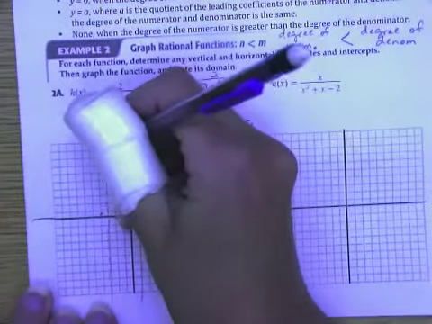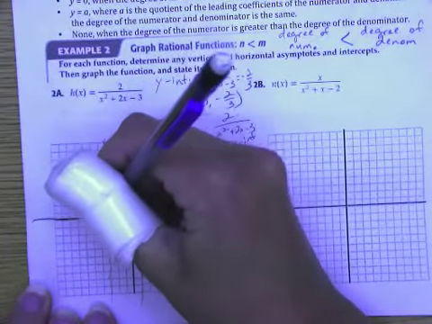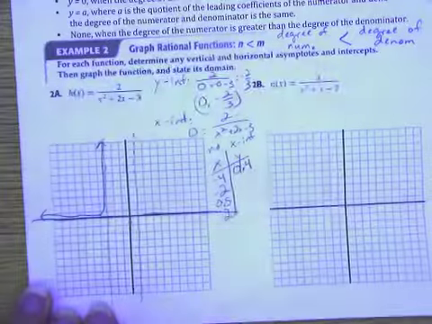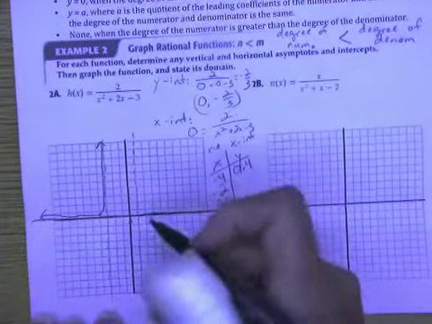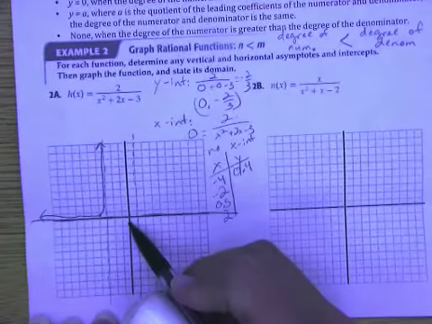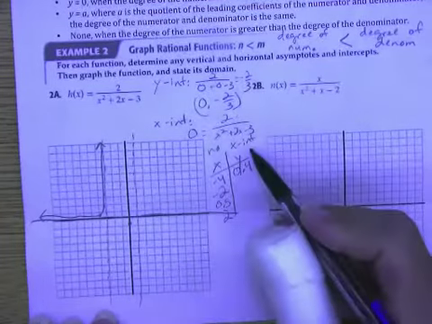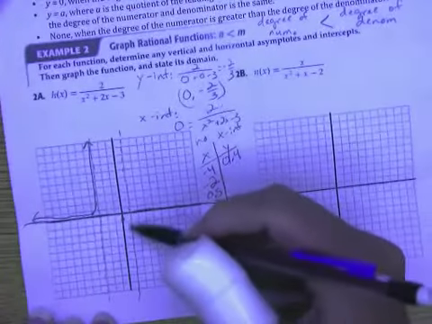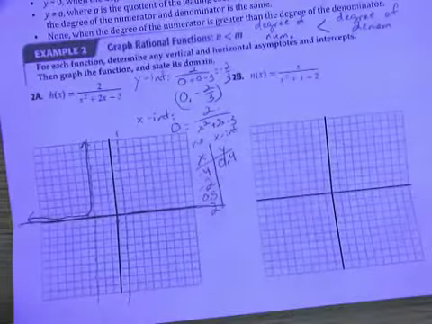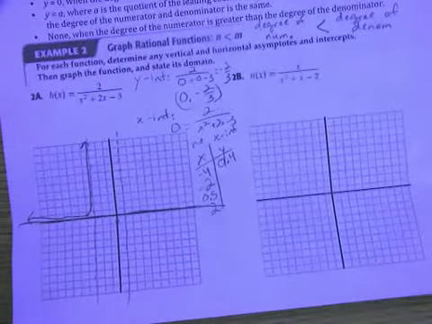-8 minus 3, and when I divide that from 2, that's 0.4, so I could plot the point (-4, 0.4), that's about here. And as I mentioned earlier, you know that your graph is going to hug your asymptote, so I'm getting really close and kind of flattening out.